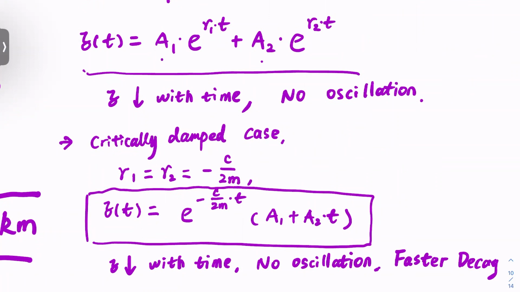So it's actually more powerful that your z comes back to that neutral position quickly. It's faster to get it. Yep. That's just based on the math. It's faster decay than the overdamped.